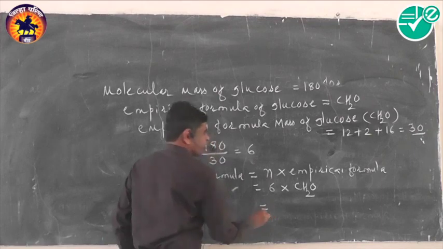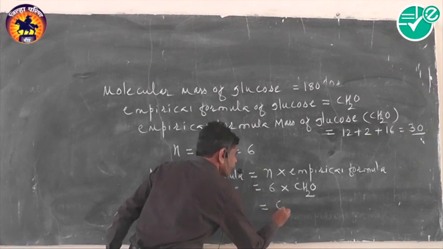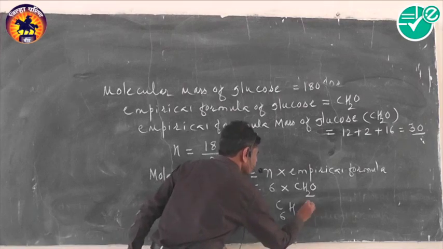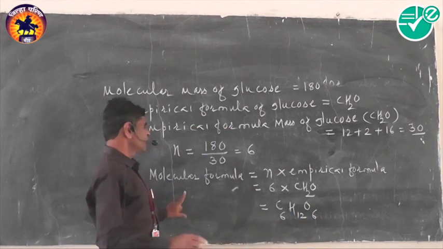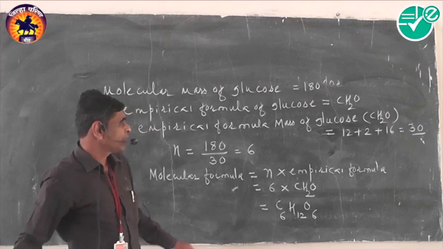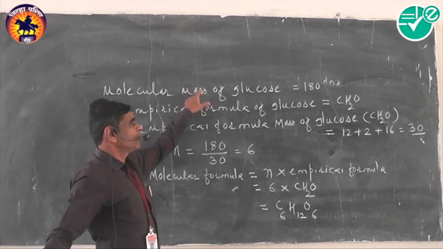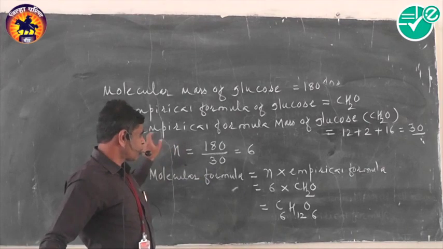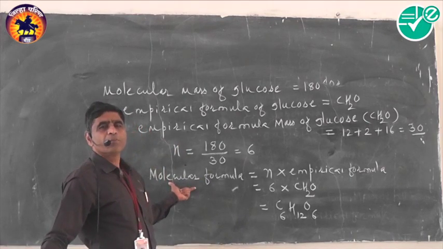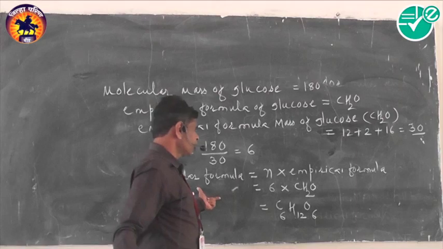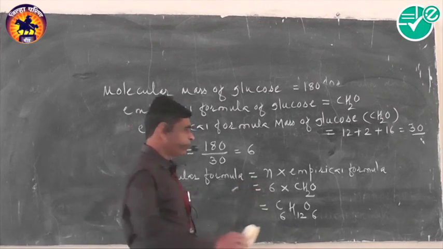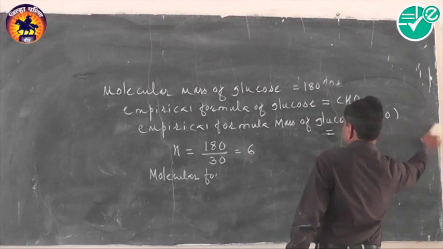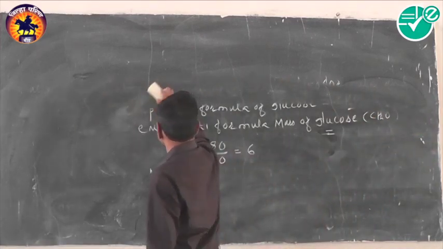So the molecular formula is C6H12O6. This is the molecular formula of glucose. Knowing molar mass and empirical formula mass, you calculate the value of n. From n you can calculate the molecular formula. So this is the relationship between molecular formula and empirical formula.